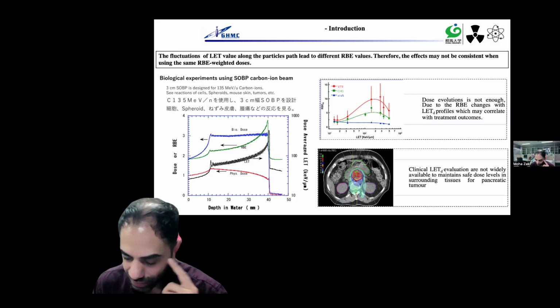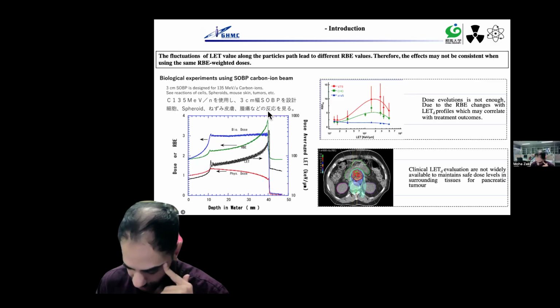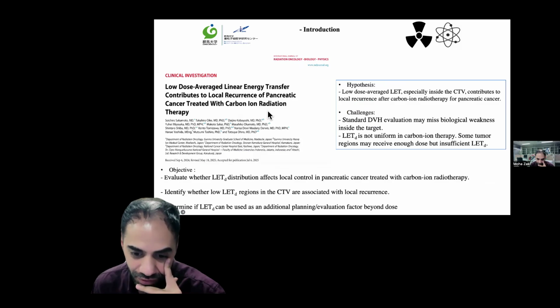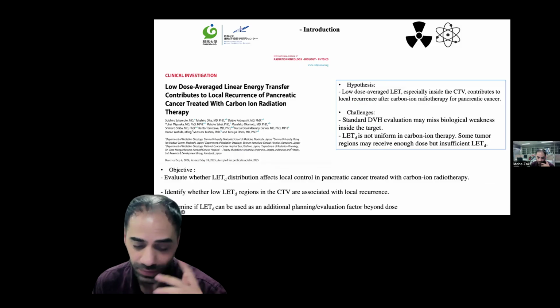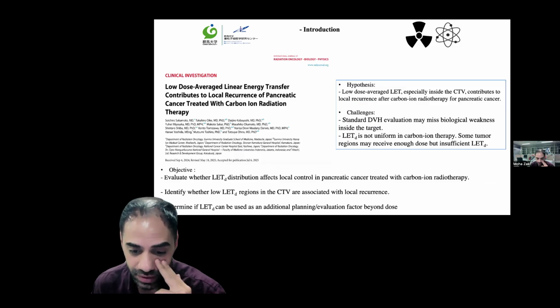So does dose average LET distribution explain why some pancreatic tumors recur locally after carbon ion radiotherapy? This paper investigates the association between dose average linear energy transfer and local recurrence in pancreatic cancer patients treated with carbon ion radiotherapy.